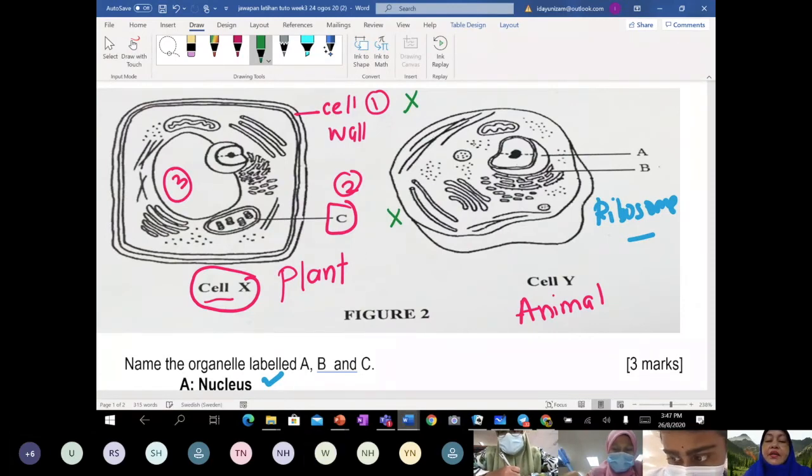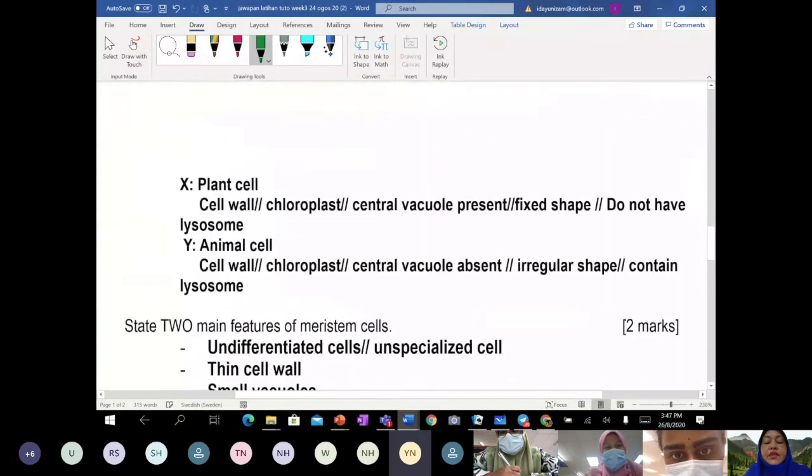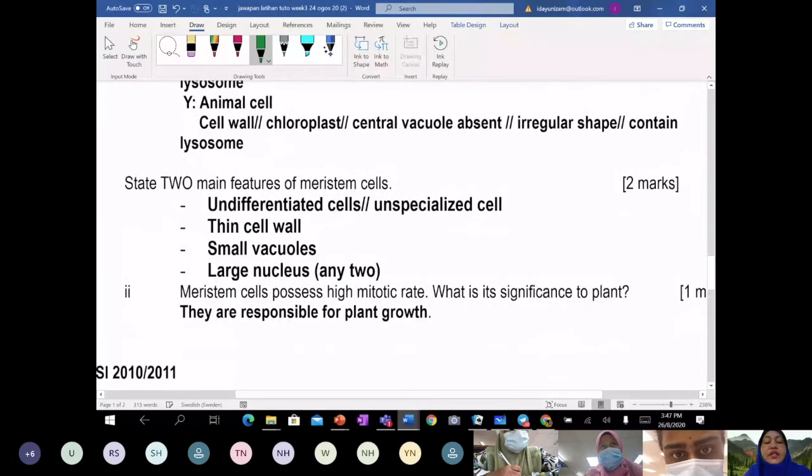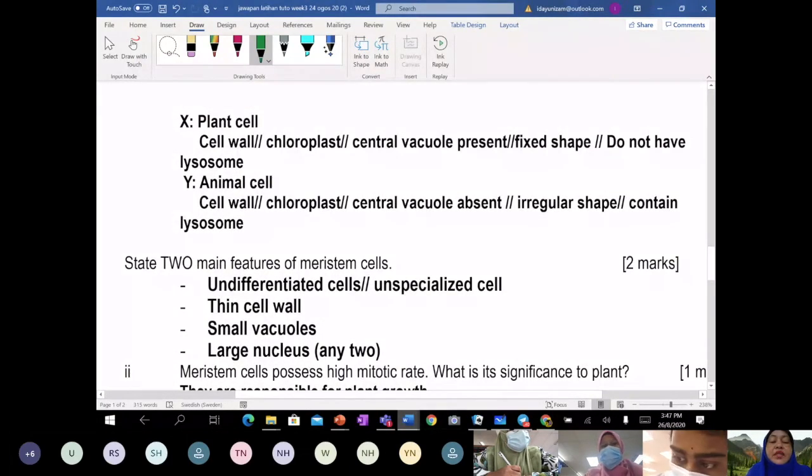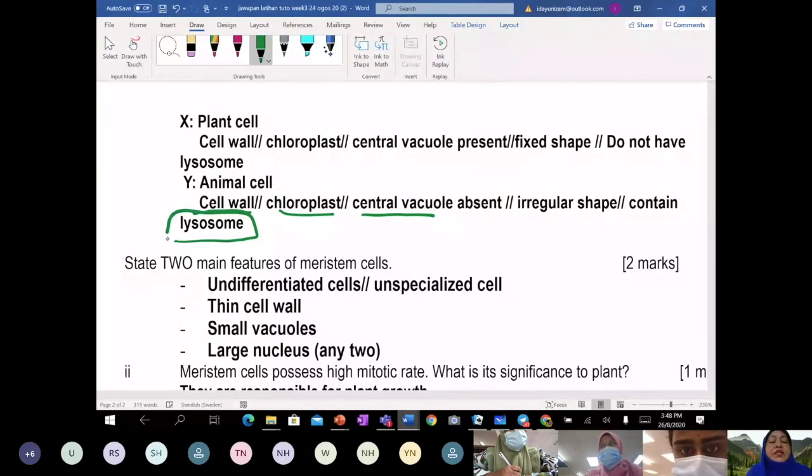But what does animal cell have that the plant cell does not have? This one. What is this? Okay, so like teacher mentioned, cell wall, chloroplast, central vacuole are absent in animal cell, but animal cell consists of one organelle known as lysosome.